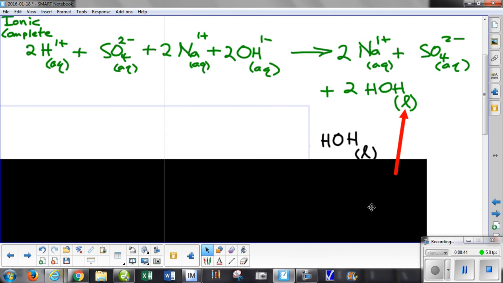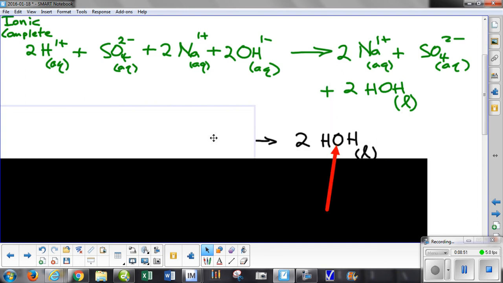And let's get this so we don't see too much of that and make it confusing. So here's our HOH right here. And there's 2 of them because the coefficient here is 2. So we're forgetting about our, you could cross them out, but I prefer just to trudge forward and look for the guys that this is made out of.